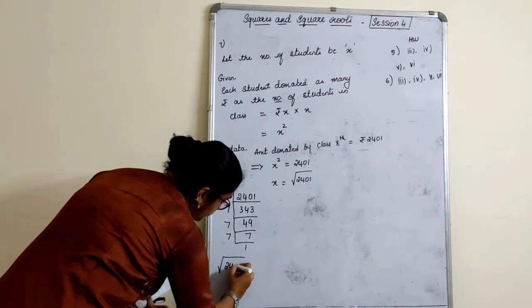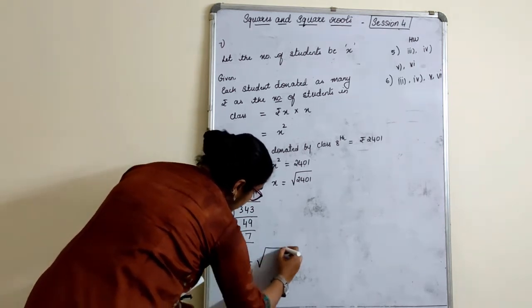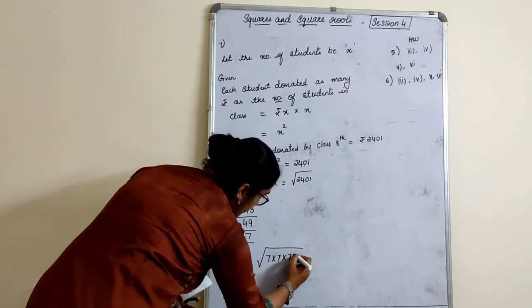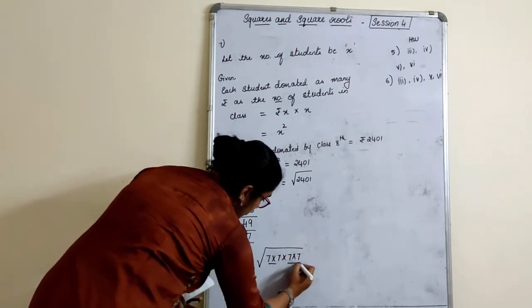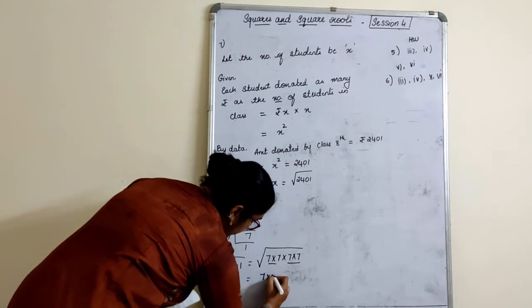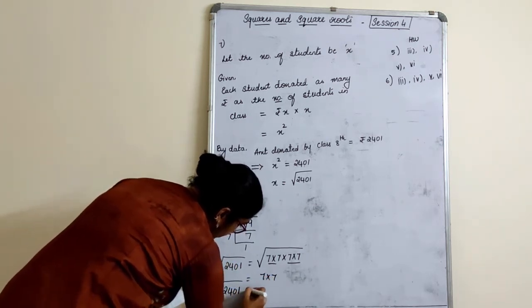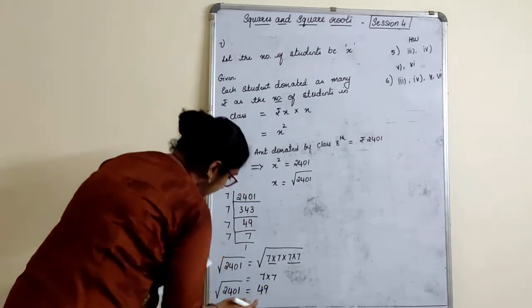Square root of 2401 is equal to square root of 7 four times, 7 into 7. So 7 into 7, square root of 2401 is equal to 49.